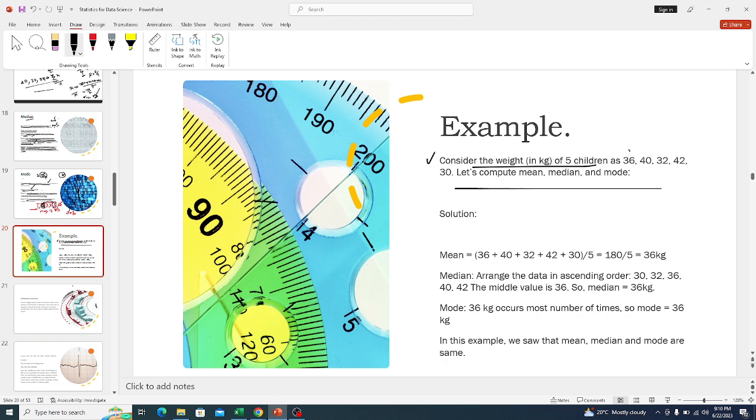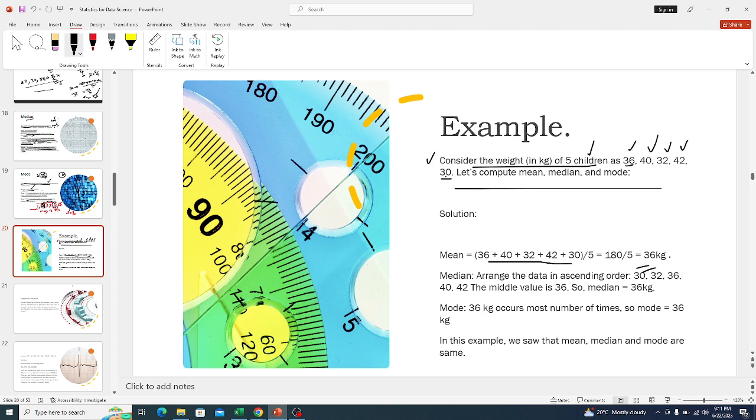The first child has 36 kgs, second 40 kgs, third 32 kgs, fourth 42, and fifth 30 kgs. To calculate the mean, you will add all those weights, then divide by the total number of children.